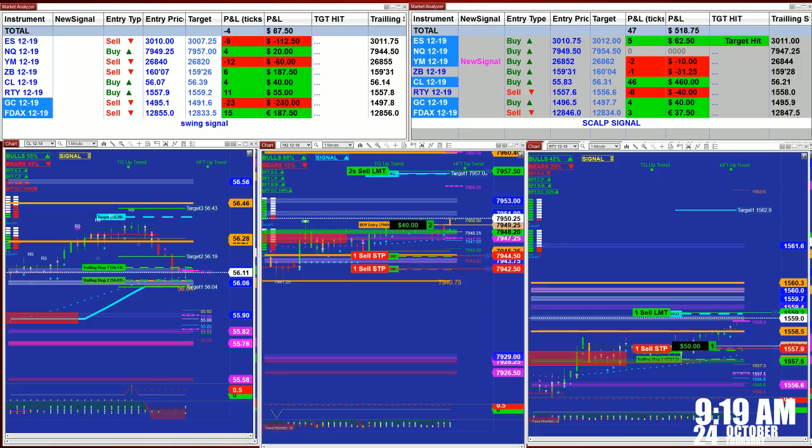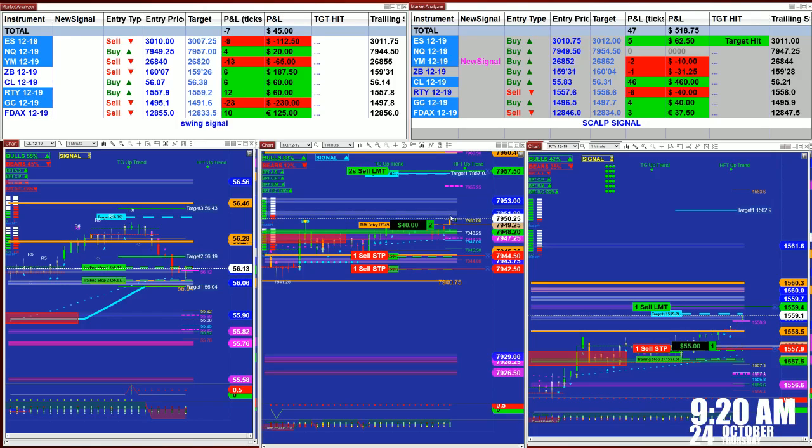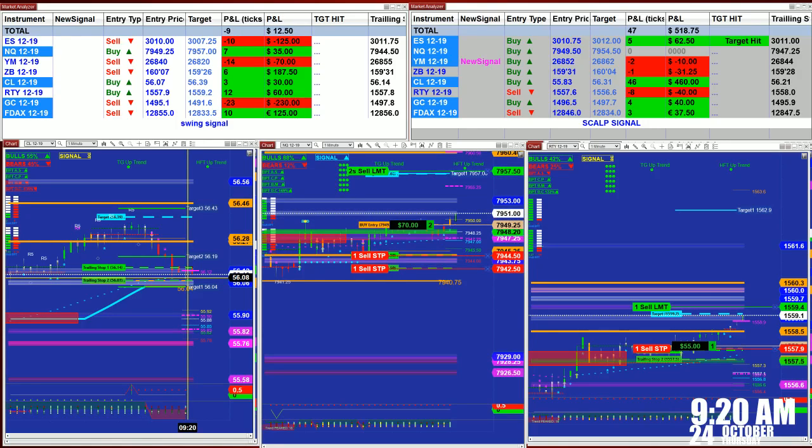We're about to close the Russell, and it's finished. It's 9:19. And the Nasdaq, as we expected, is having a problem at the 51 level, and then we have another resistance at the 53 level. For the CL, this is a re-entry at 56.08, long.